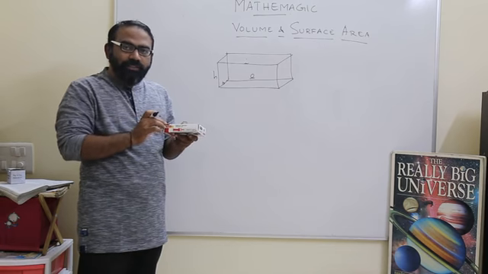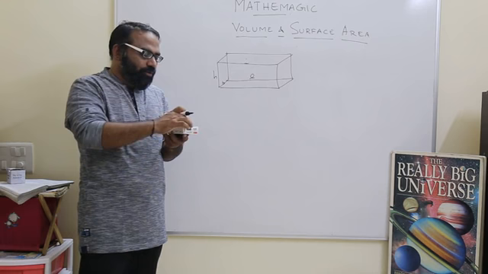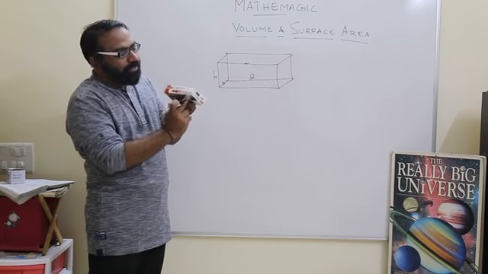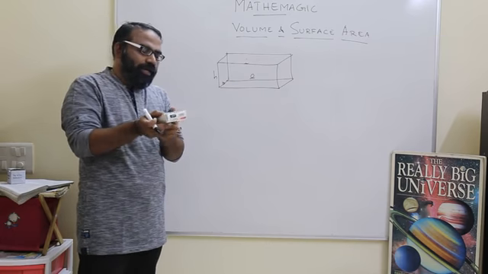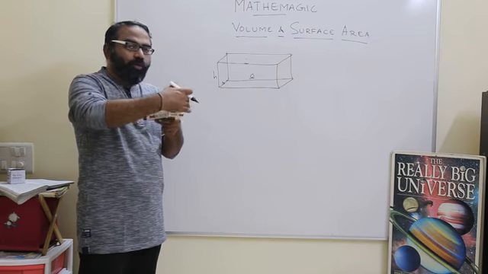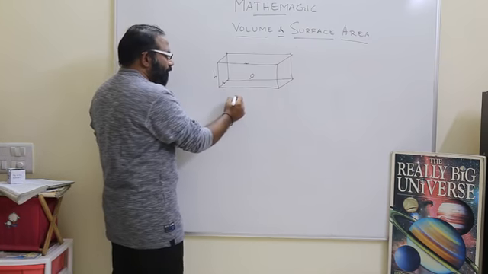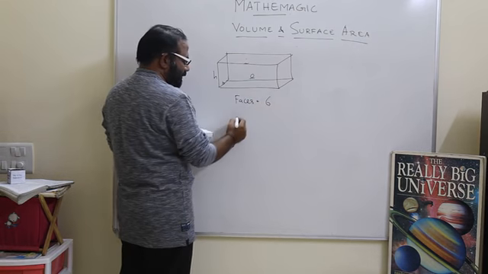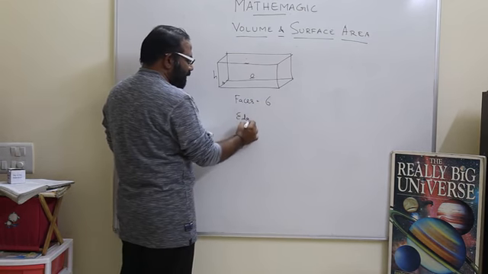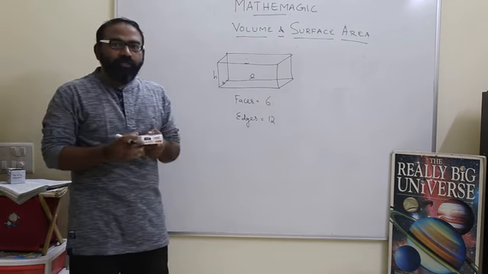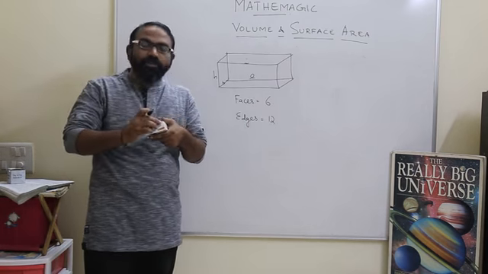So how many edges does it have? 1, 2, 3, 4, 5, 6, 7, 8, 9, 10, 11 and 12. So we have faces 6, we have edges 12, and wherever these edges meet, it's called a vertex.